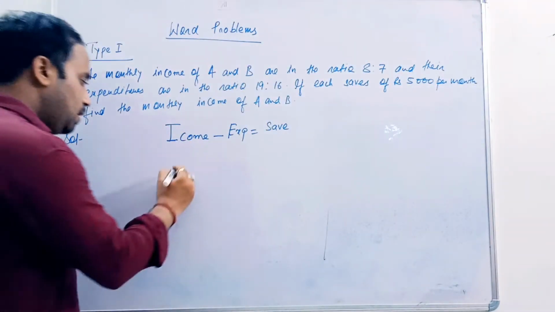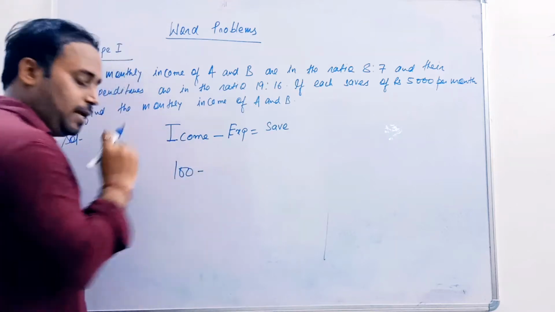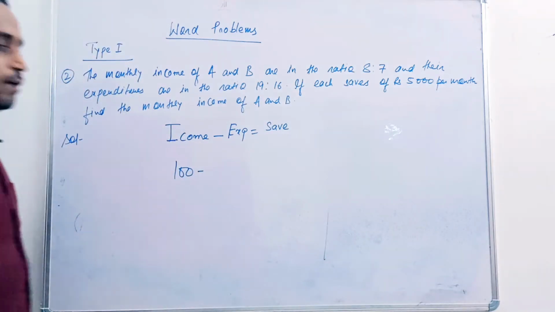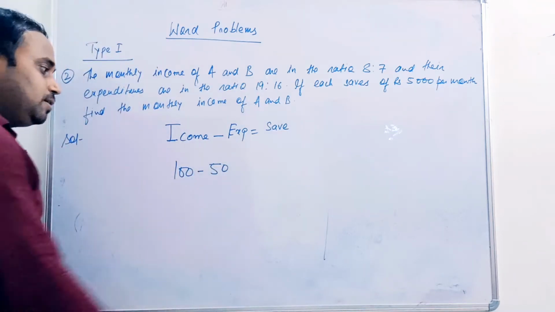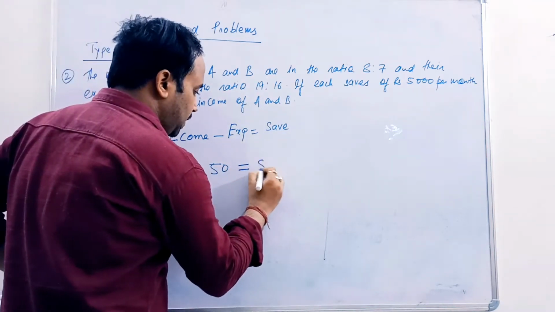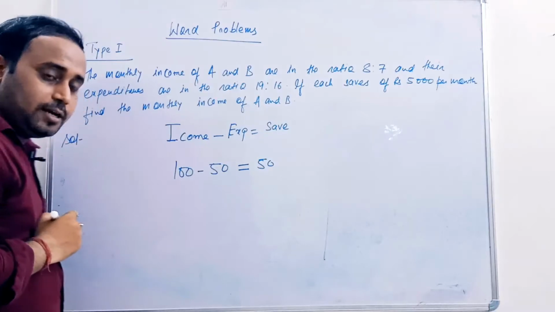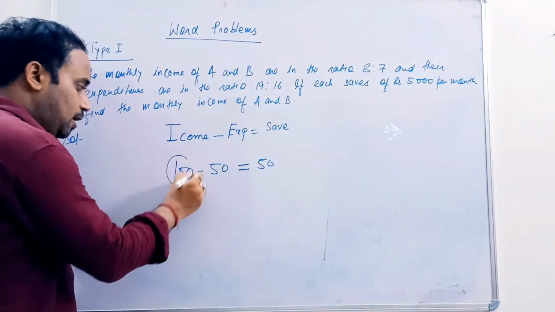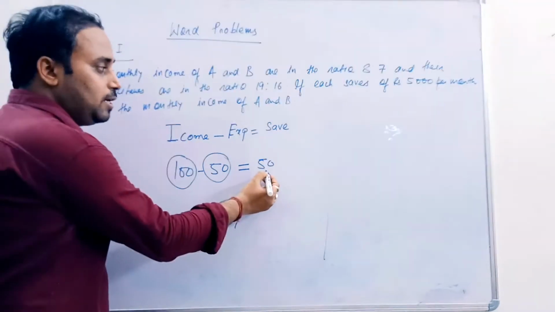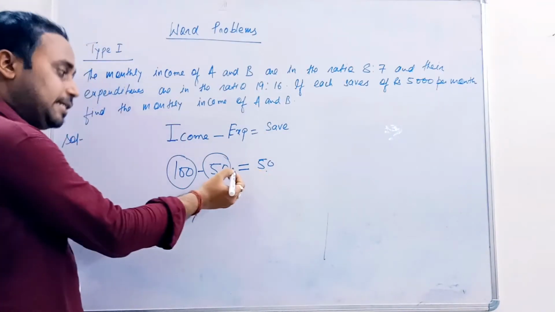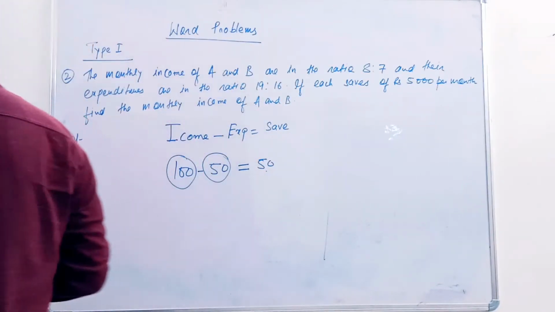Suppose you have 100 rupees and you have to purchase a copy costing 50 rupees. Then how much money do you save? 50 rupees. It means from income we subtract our expenditures and we get saving. Clear? We have to apply this here.